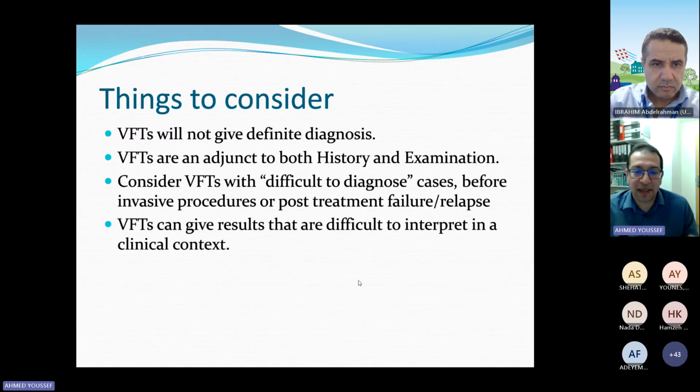If it comes back normal, I'll tell the patient, your tests are normal, go away. The problem sometimes happens if you get the results and it says you've got high or low gain in the right posterior canal and there is some catch-up saccade in the left anterior canal. You won't be able to interpret these as meaningful results.